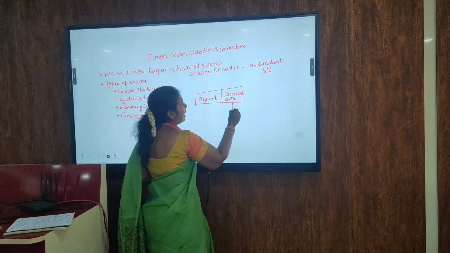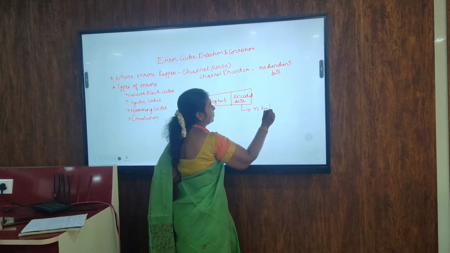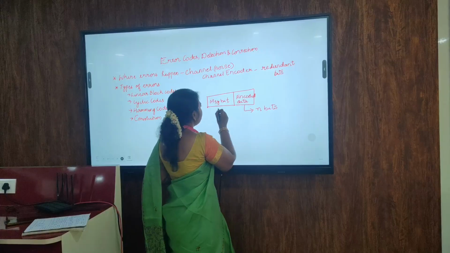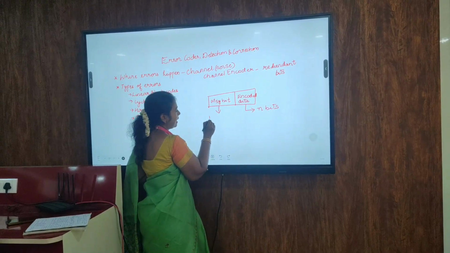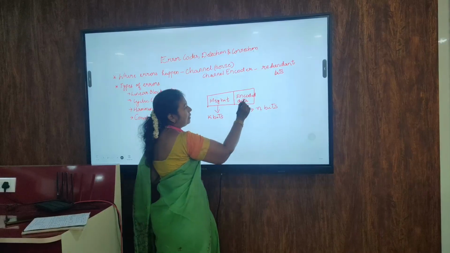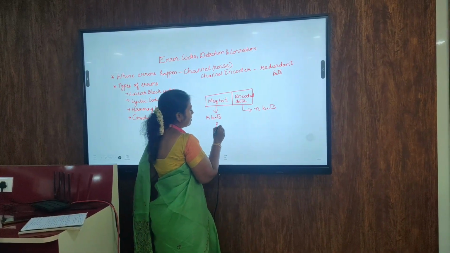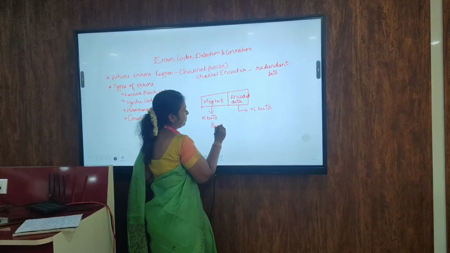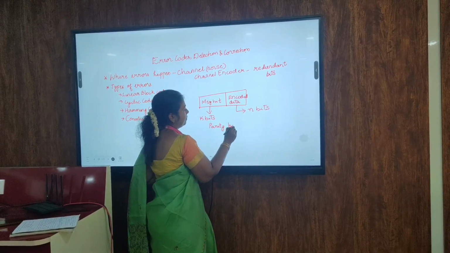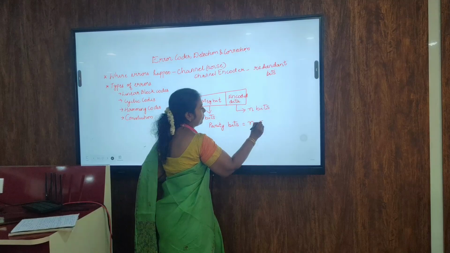Encoded data is represented with n bits, which means if the message has k bits and the encoded data has n bits, then the parity bits p is n minus k.